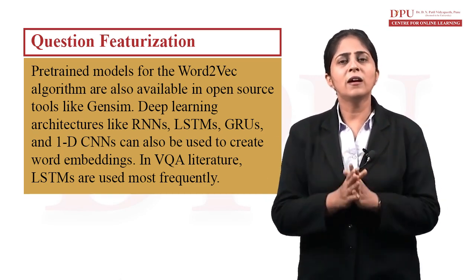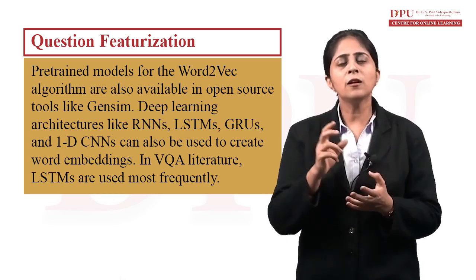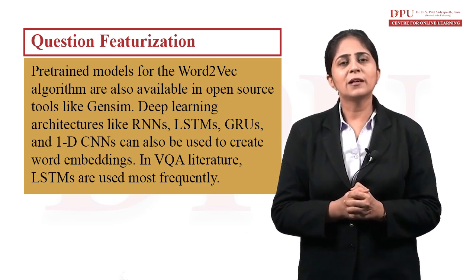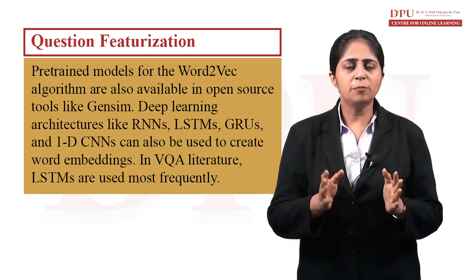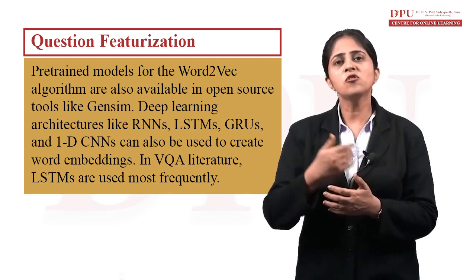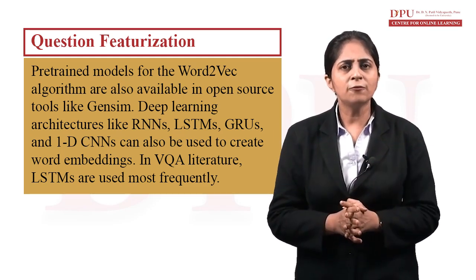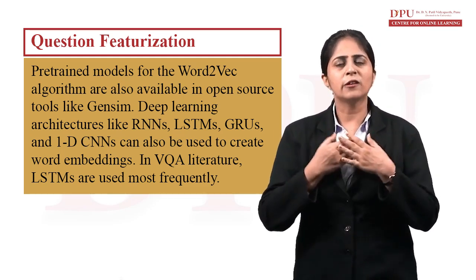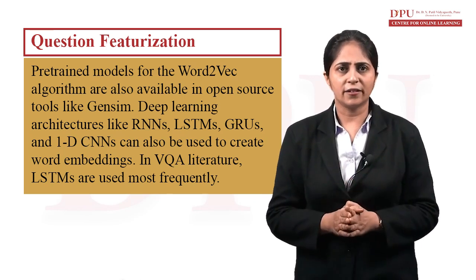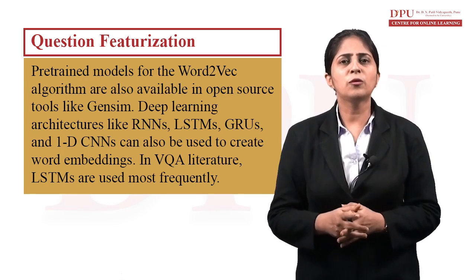Whenever we want to do word embedding, that means question featureization, some text is provided to our neural network and this text has to be converted into some mathematical form that a neural network can understand. For this, we use different types of deep neural networks.